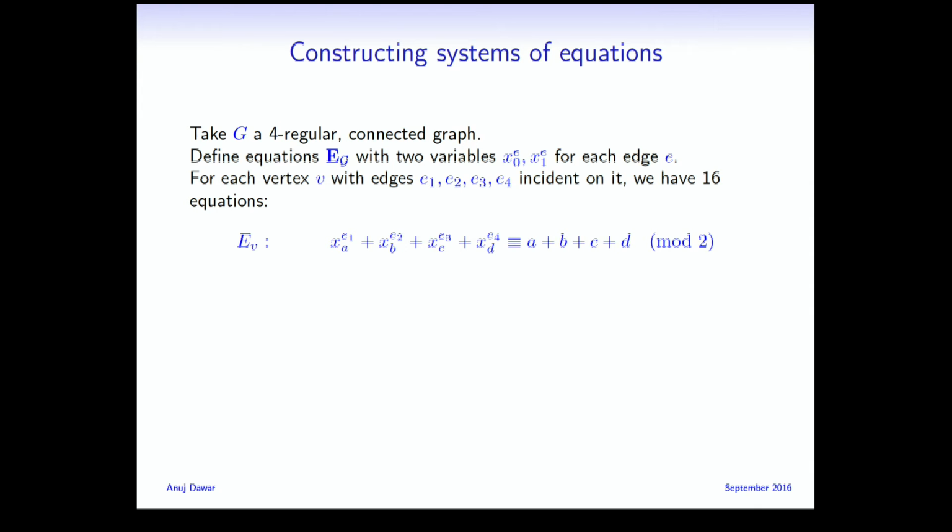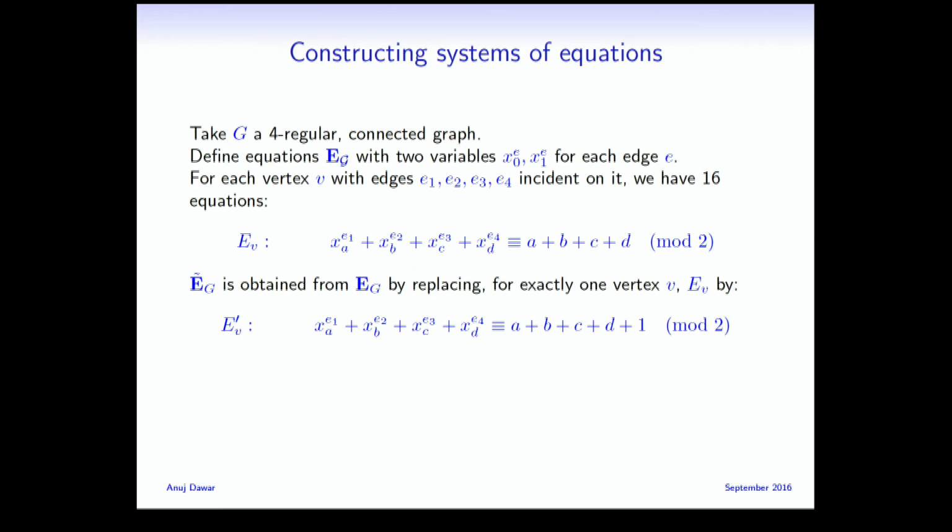And I say the sum of them is, what I put on the right-hand side is the sum of those subscripts modulo 2. Okay? You're happy. Okay. So this is a set of 16 equations associated with each vertex v. That's my system of equations, E_G.